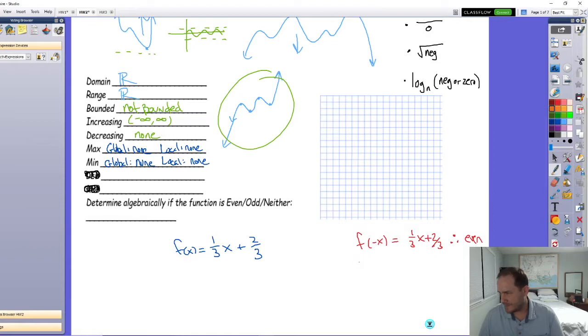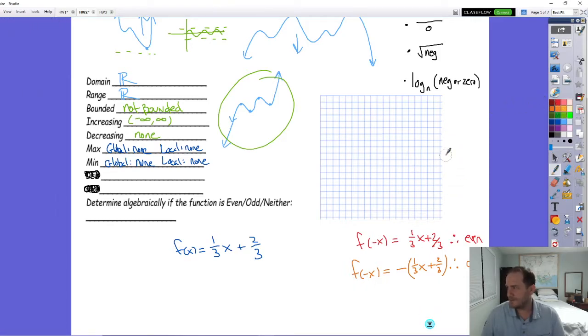If on the other hand we find that f of negative x comes out to be the opposite of 1/3 x plus 2/3, where that negative is factored out, basically, you want the exact opposite of the entire function. That will prove that we're odd. And if neither of those things happen, then you're neither. And that should be what's about to happen, is going to be neither.